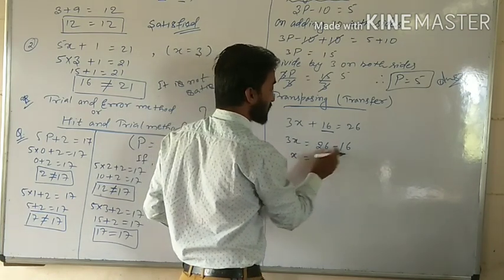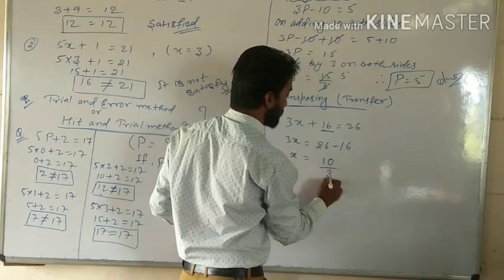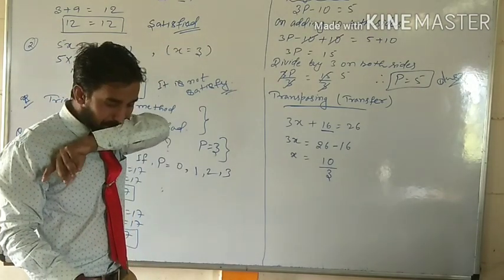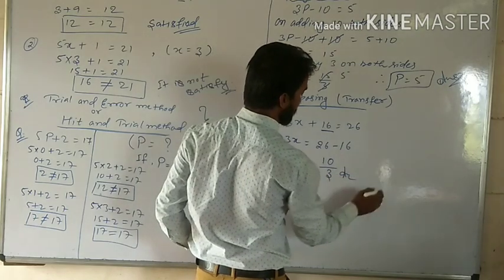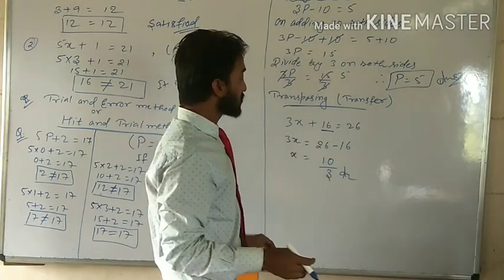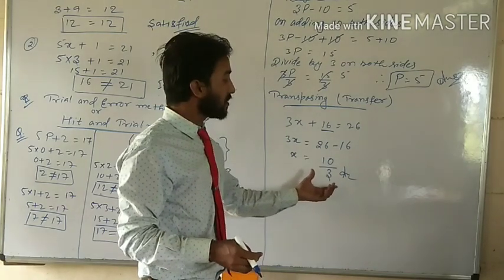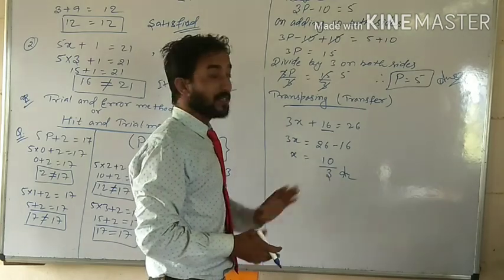X is equal to 10 in division form. Okay students, so it will be your answer: x is equal to 10 by 3. You can find it in decimal also, or in mixed fraction also, but this value is 10 by 3.